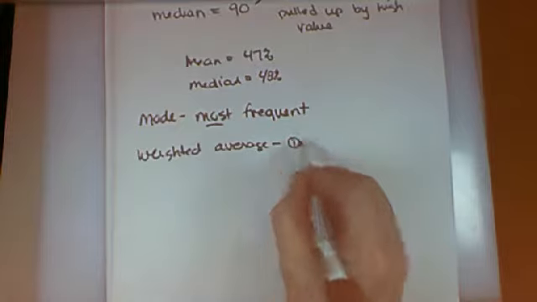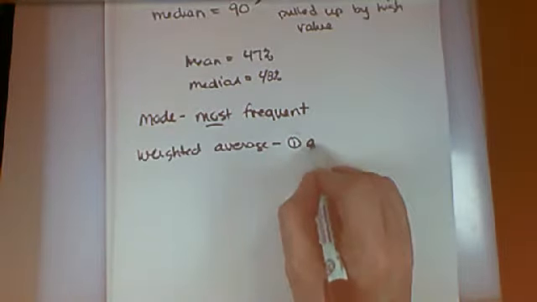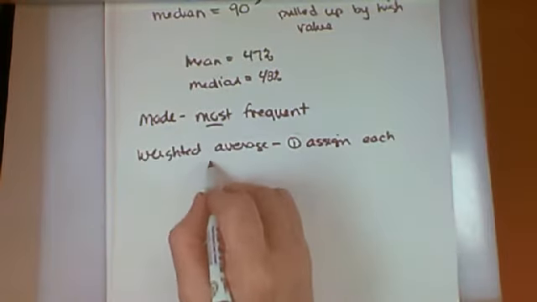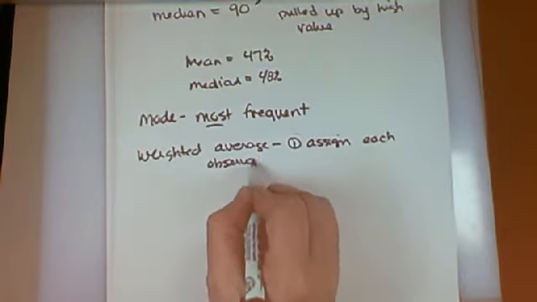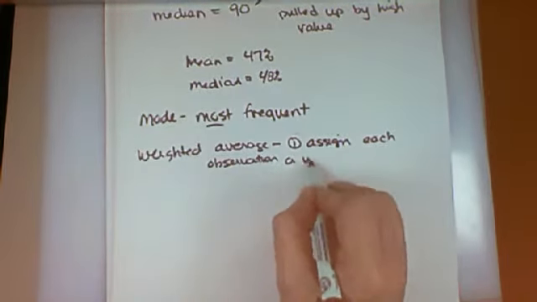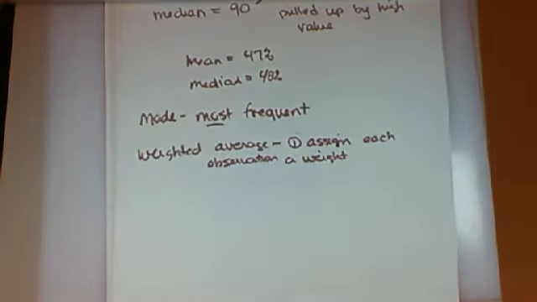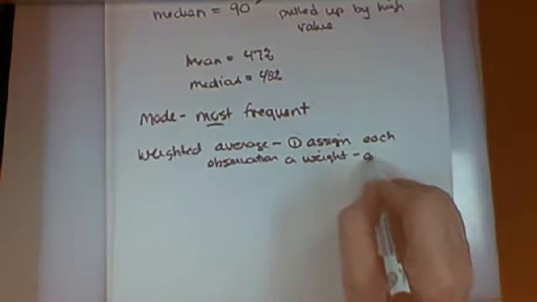The first thing you have to do is assign each observation a weight. Okay? And these are not all equal.